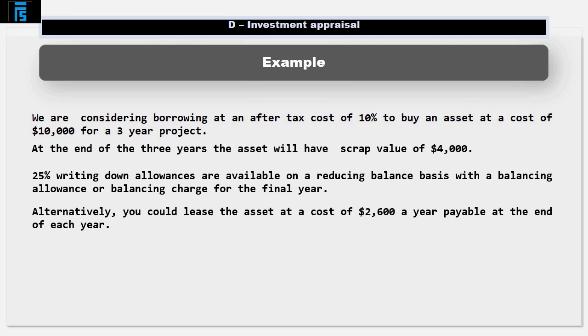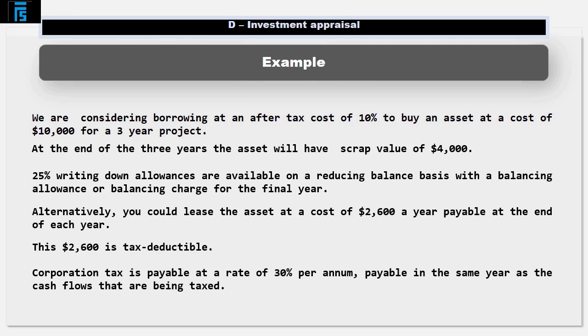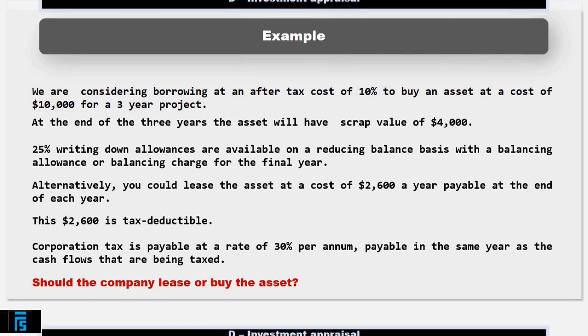Alternatively, you could lease the asset at a cost of $2,600 a year payable at the end of the year. This $2,600 is tax deductible. Corporation tax is payable at a rate of 30% per annum, payable in the same year as the cash flows that are being taxed. Should the company lease or buy the asset?